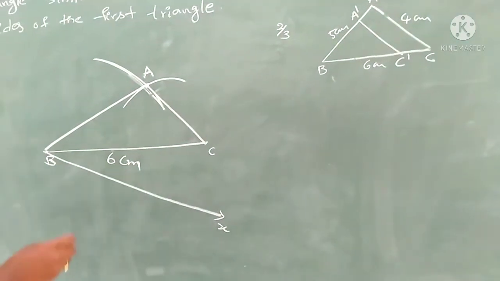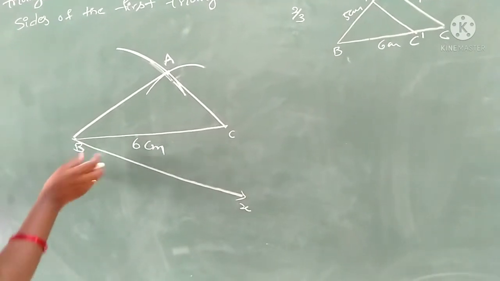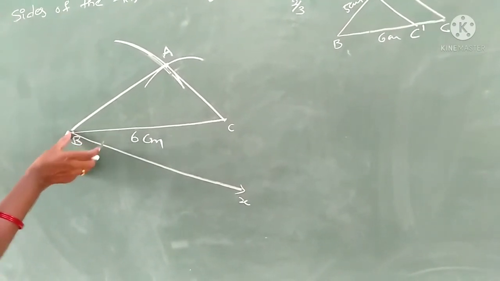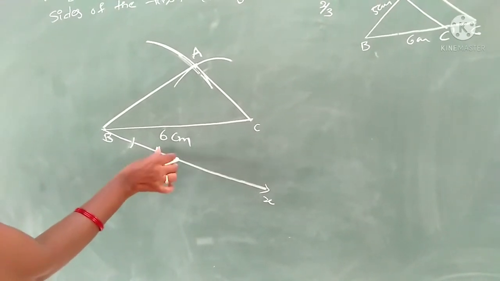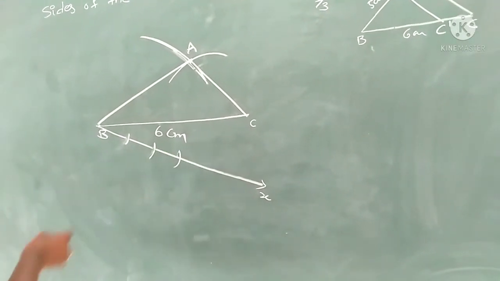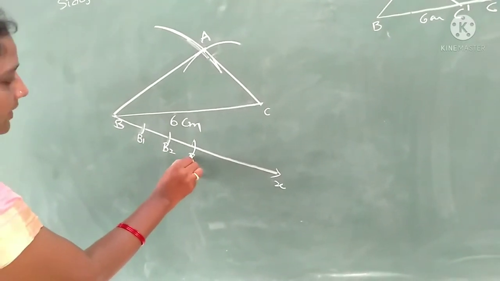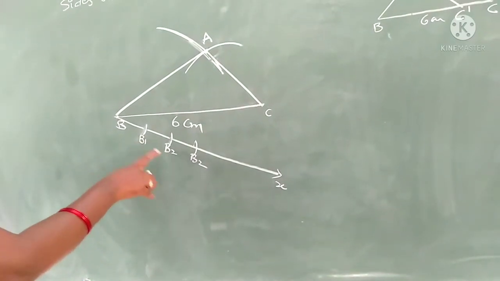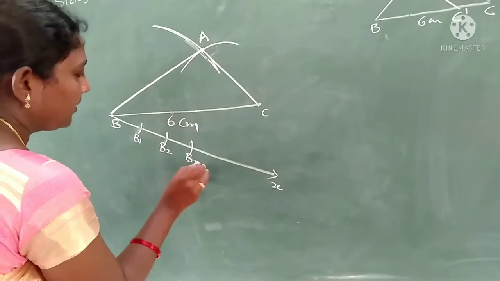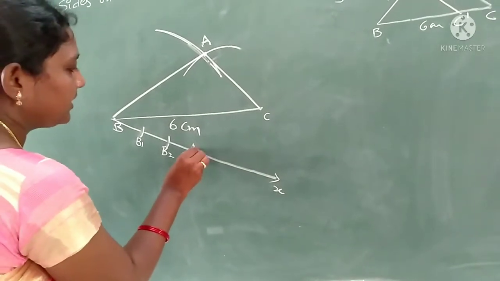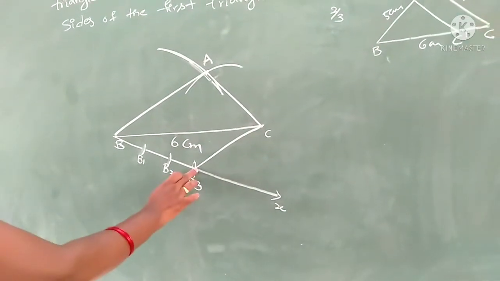So we locate 3 points on the BX ray, at the same distance: one point, another point and another point. Name them B1, B2 and B3. Next join B3C.